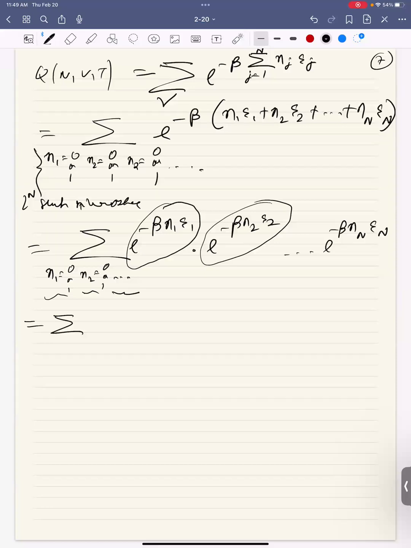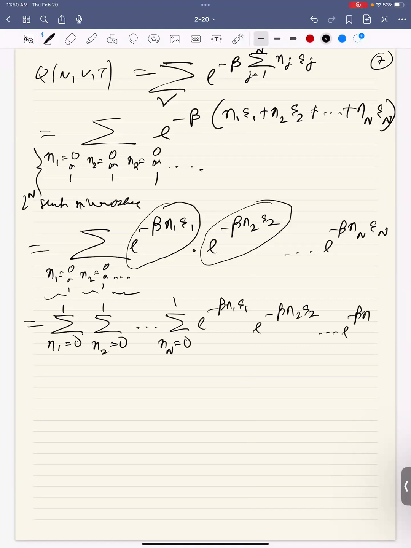Let me first write down the full summation. I'm doing N1 equal to 0 to 1, N2 equal to 0 to 1, and Nn equal to 0 to 1, e to the power minus beta N1 epsilon 1, e to the power minus beta N2 epsilon 2, e to the power minus beta Nn epsilon n. Okay?